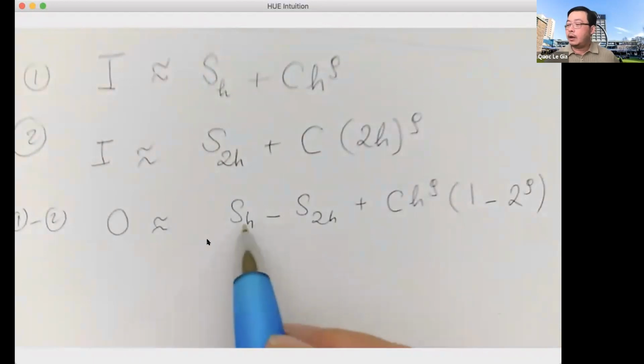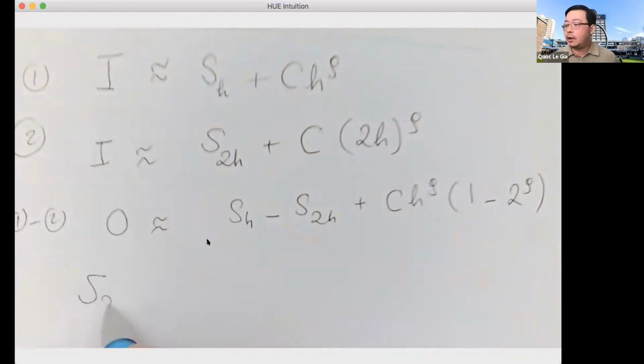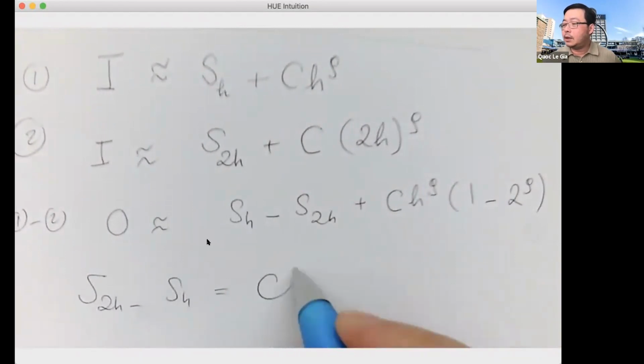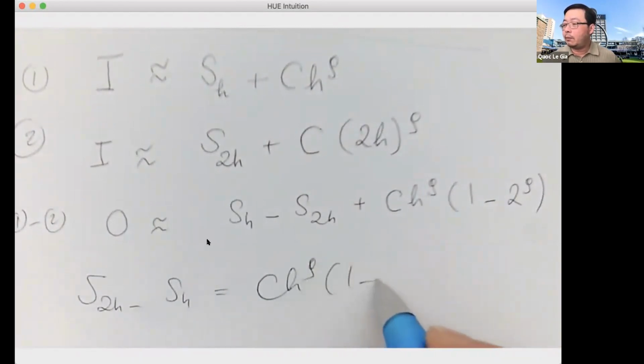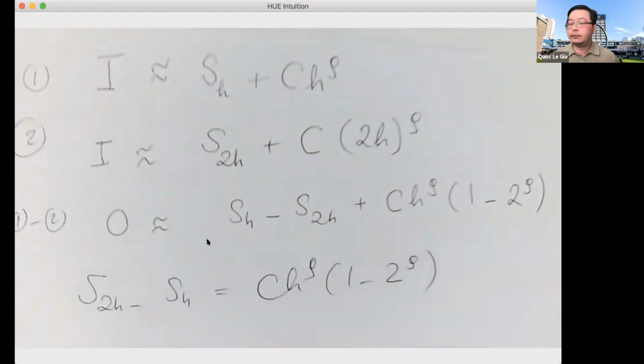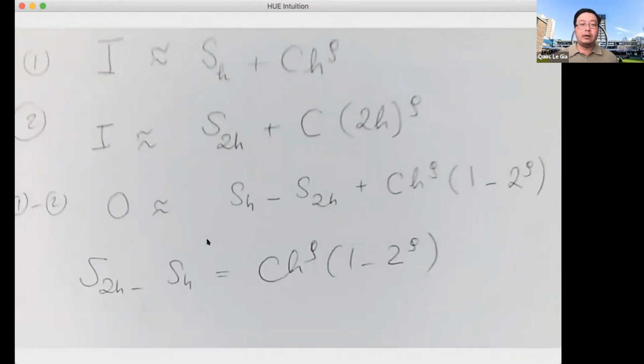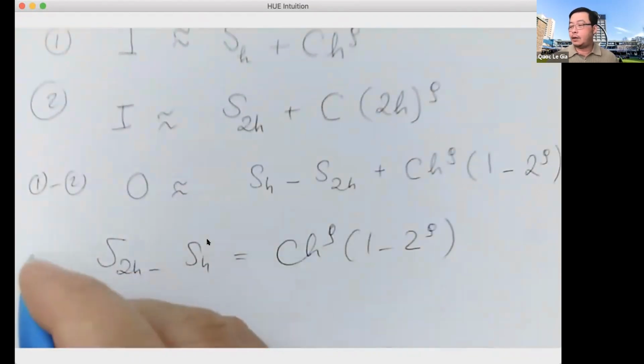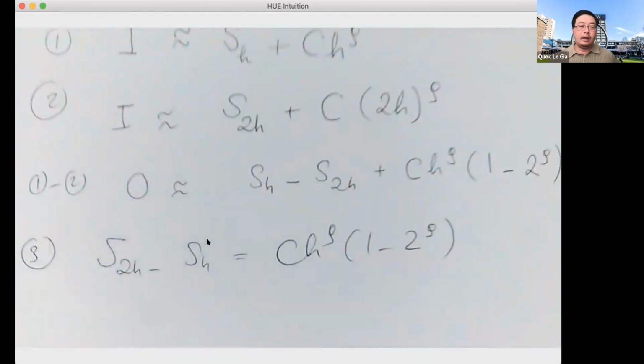You can move S_2h to the left, and you get C h to the rho (1 minus 2 to the rho). That is the first identity.